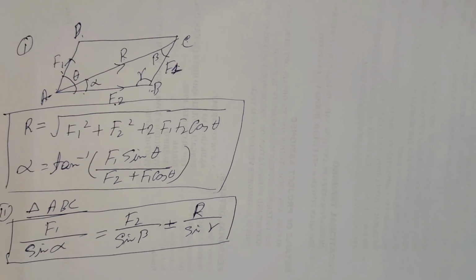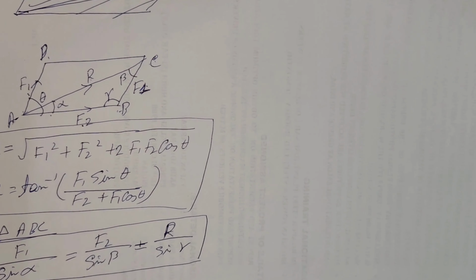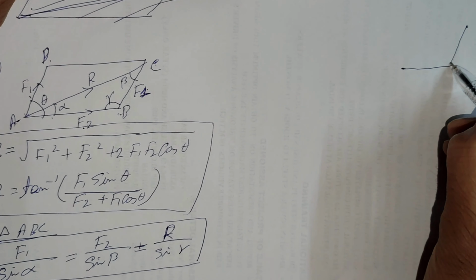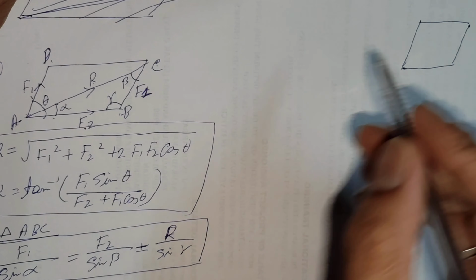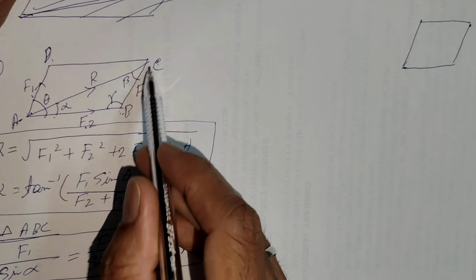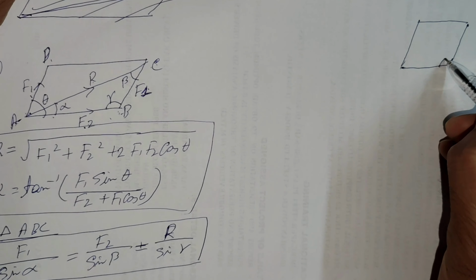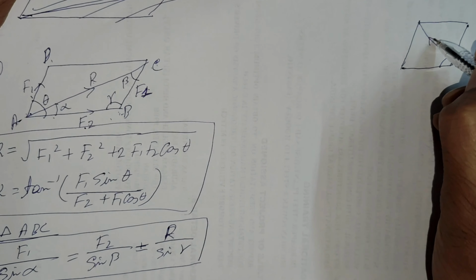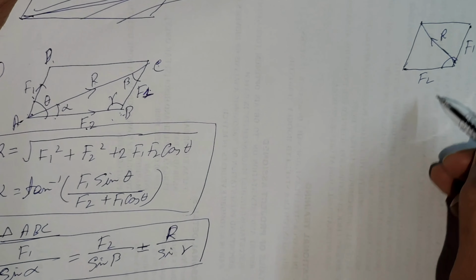Okay, if you think of vector subtraction, that means we use the negative vector. At first we draw a parallelogram. This is the parallelogram, and that time this is the positive. If this is the opposite direction, suppose the angle is theta and the diagonal is R, this is F1 and this is F2.